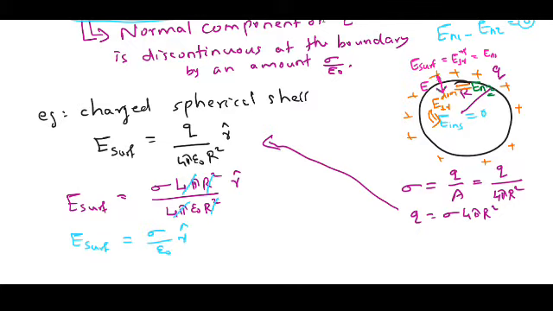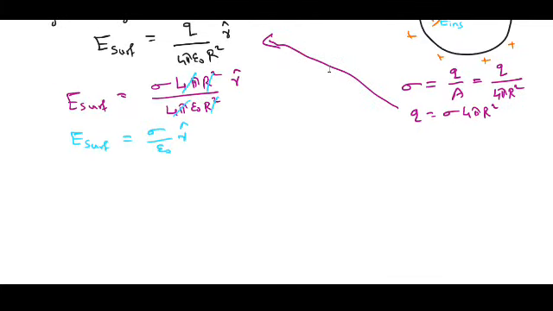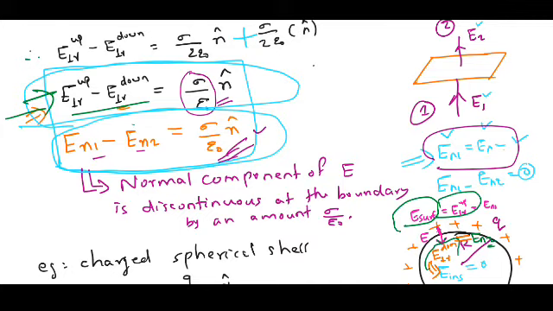Then the boundary condition: we have written E perpendicular up minus E perpendicular down. Instead of E perpendicular up, I can write E surface, and instead of E perpendicular down, I can write E inside.